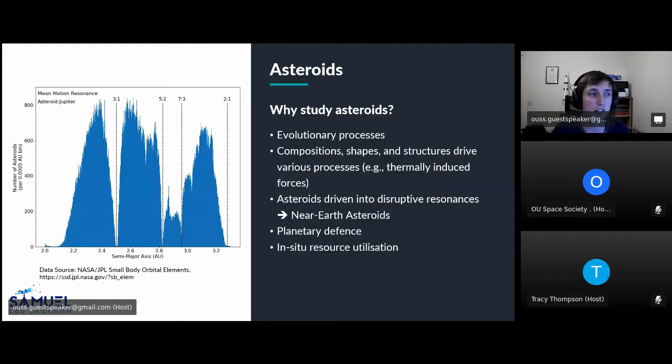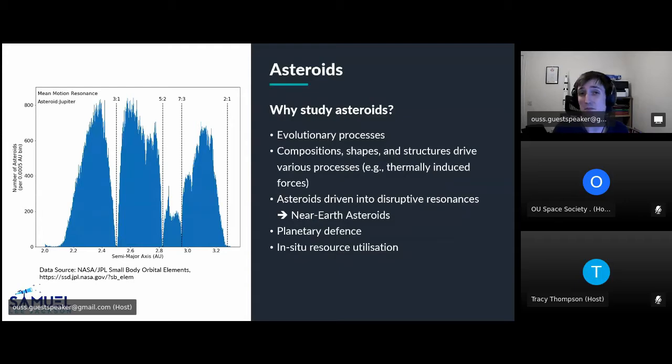But that's not the case, because things like the Yarkovsky effect, which I showed you before, can push an asteroid that is, say, here at 2.4 AU, slowly over time into this resonance zone and then send it flinging into the inner solar system. So it's these effects which supply and sustain the population of near-Earth asteroids.